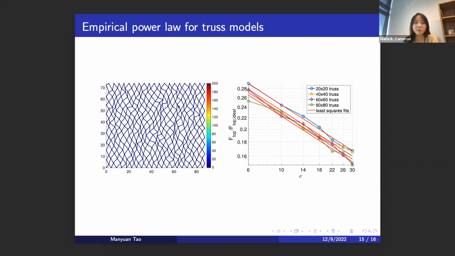For truss models, we experimented with 4 different truss sizes: 20 by 20, 40 by 40, 60 by 60, and 80 by 80. So the power laws are obtained. The prefactors are the same, but the powers slightly reduce as the truss size goes up.